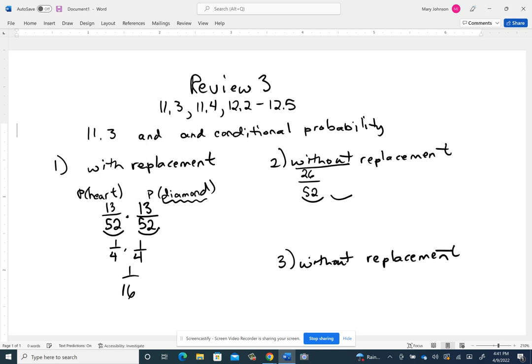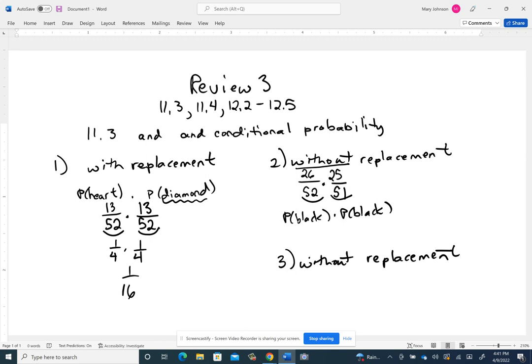This time it's without replacement. So that means when you get ready to draw that second card, there's only 51 to choose from. And since the first card was black, see, that was supposed to be the probability of a black card followed by another one. So you're going to multiply like you did on the other one, but there's only 51 cards, and you had to go to just 25 there.